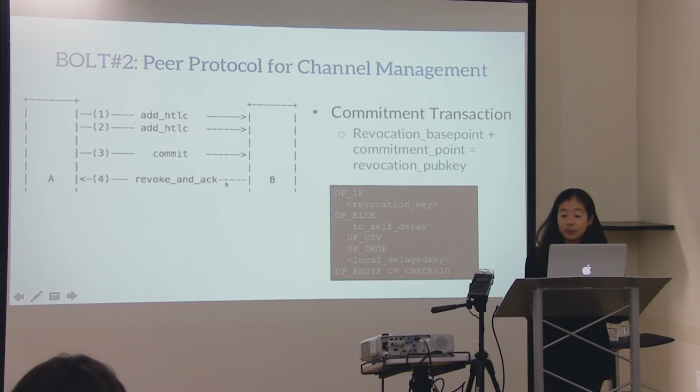And basically every time a commitment is created, there's a public key that's created that is associated with the commitment. So if the commitment later becomes revoked because a newer commitment is created, then the person who has the private key for the revocation can claim the amount in the channel.